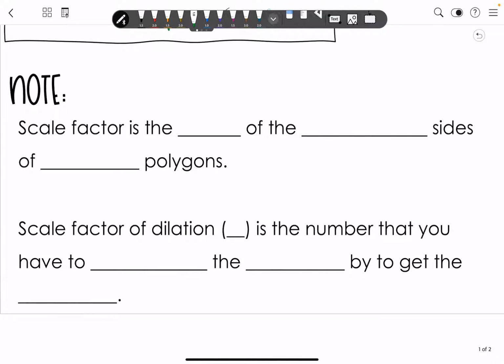All right, some quick notes. Scale factor is the ratio of the corresponding sides of similar polygons. And the scale factor of dilation, which is what we're going to be talking about, technically they're the same thing, but scale factor can be used in more everyday speak.